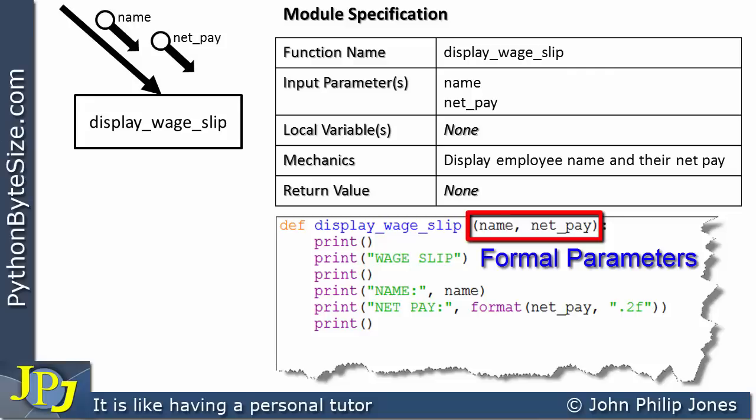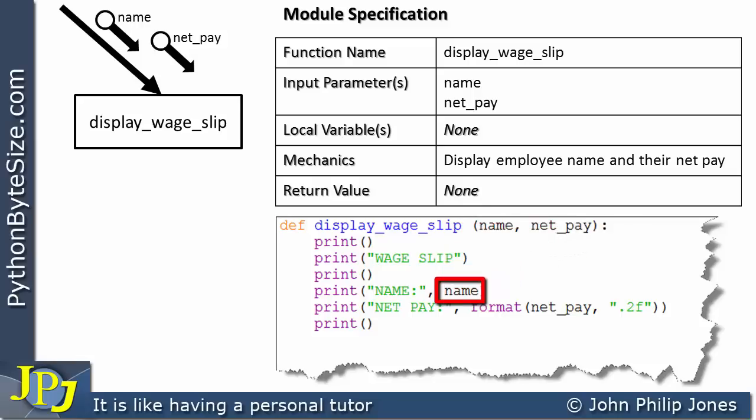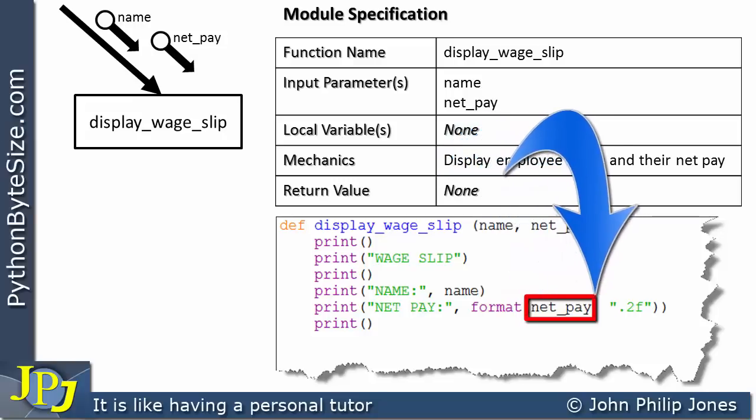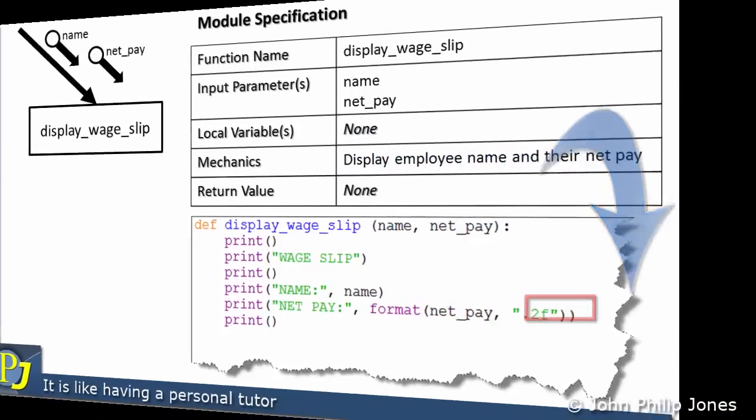I think it's important that you remember that description there. They're called formal parameters. Now these two names, name and net pay, are sitting there waiting to be given something to work with. Whatever it is they're given, we're going to display it here within this print, and we're going to display the net pay here after it's been formatted appropriately to be 2 decimal places.